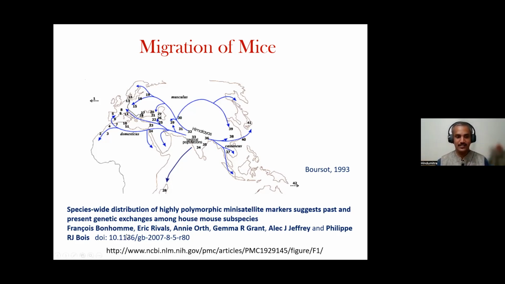So when was this paper published? 1993. In 1993, a paper was published on the migration of mice, and they found that the ancient lineage of rats or mice was found in the Indian Peninsula, and they took these routes to move to Western Europe, to Northern Africa, to the northern part of Asia, and to East Asia and Southeast Asia.